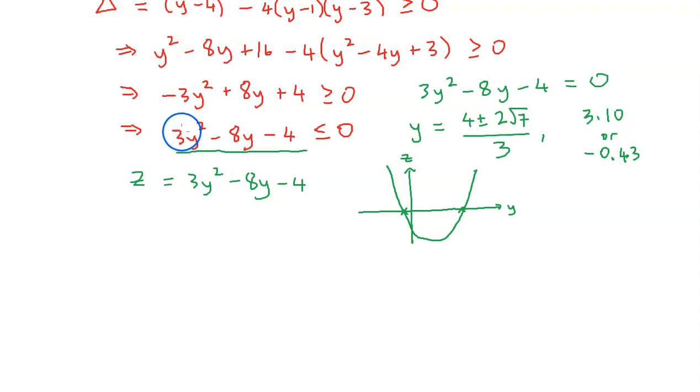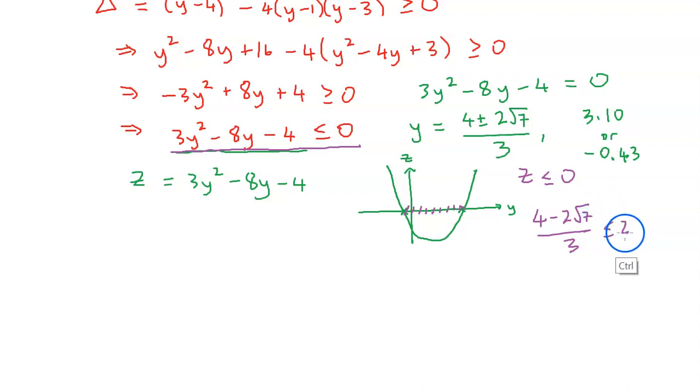And of course this inequality here is equivalent to z less than or equal to 0, and we can see that that's precisely these values here. So 4 minus 2 square root of 7 divided by 3 is less than or equal to y, which is less than or equal to 4 plus 2 square root of 7 divided by 3. So that is our range in exact form.